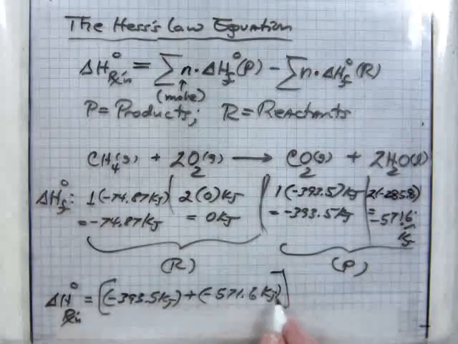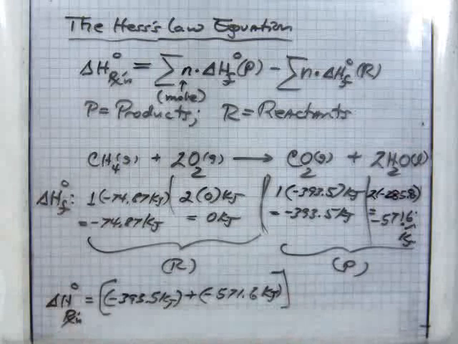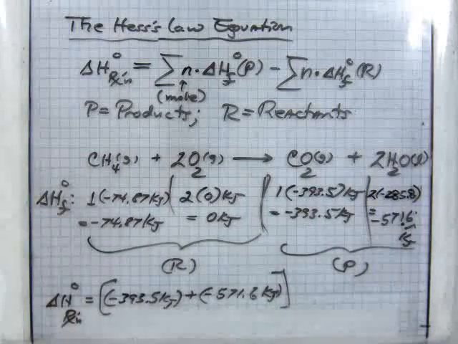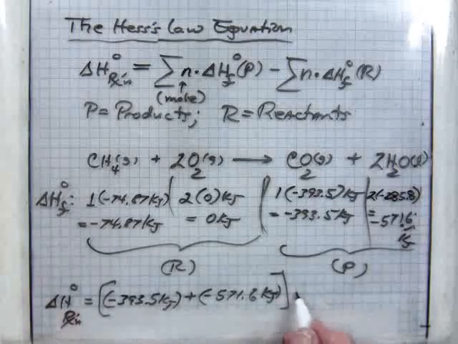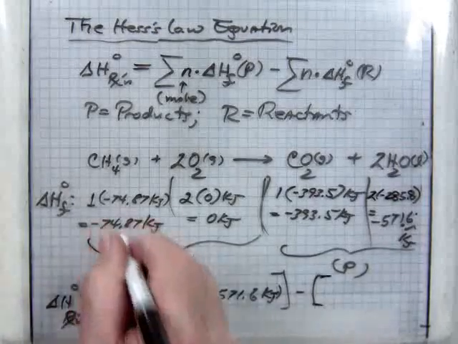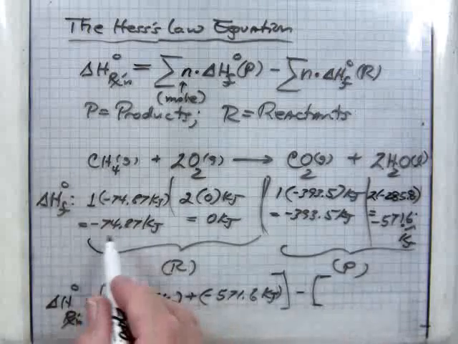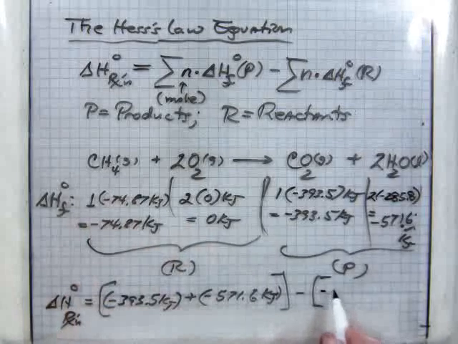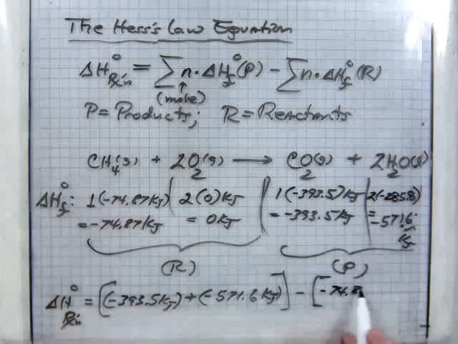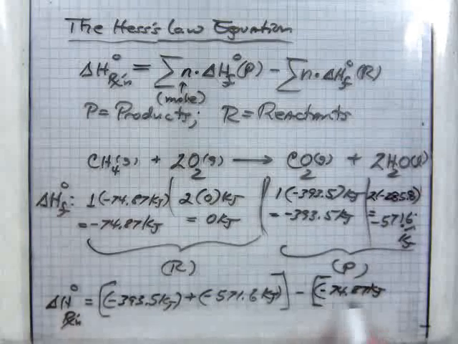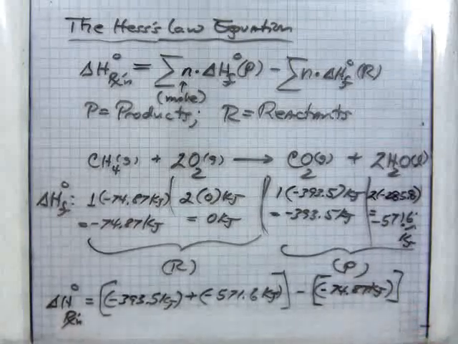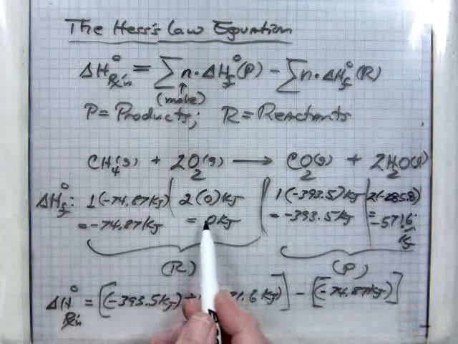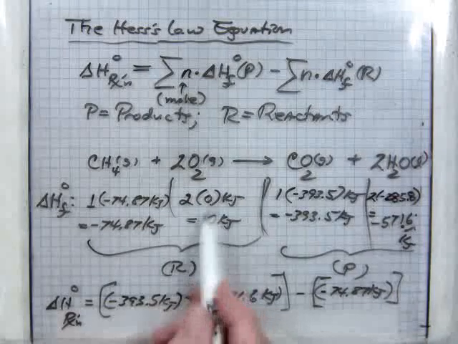By doing this, you keep up with your signage in your bookkeeping as you build the equation you need to solve, and you won't drop a sign, and it's a little easier to see. And then you subtract the reactant side. Well, that is 1 mole of the methane, so it is a minus 74.87 kilojoules. I'm just going to bracket that one because the oxygen will be 0. I won't even include that.